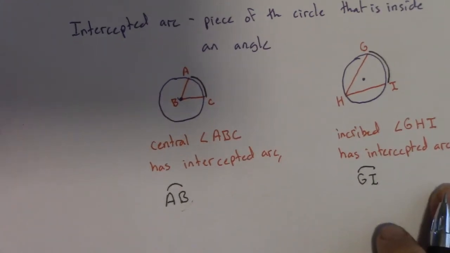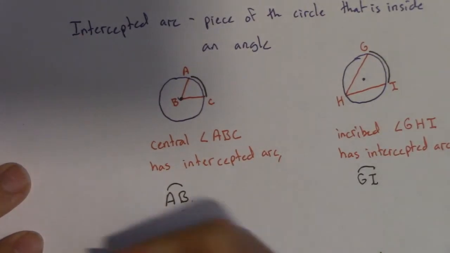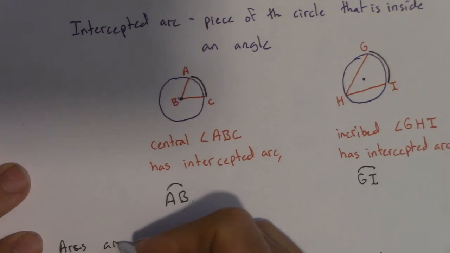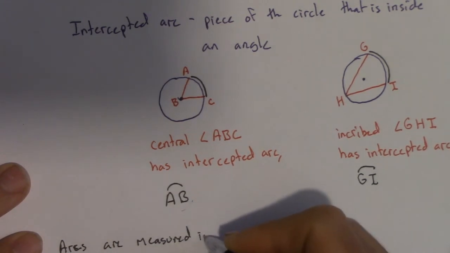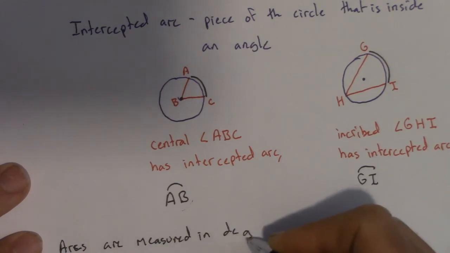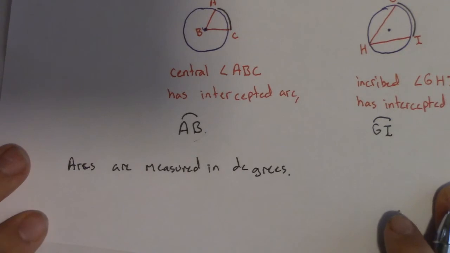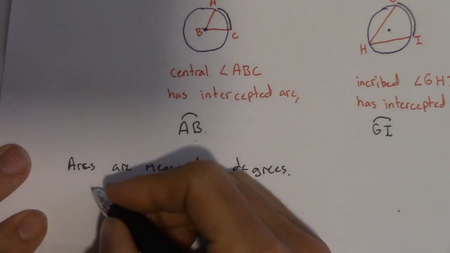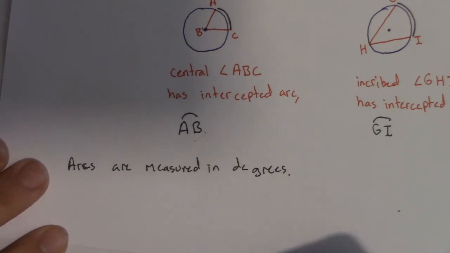Now to talk about arcs real quick, because I think I can finish this up. I know this is a longer video. Please keep this in mind. Arcs are measured in degrees. You always take the shortest path between 2 points when naming an arc.